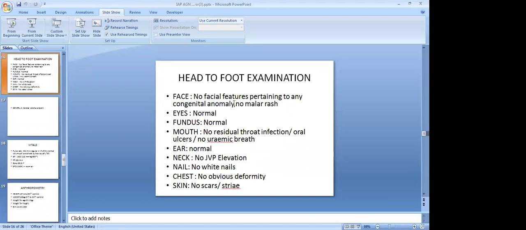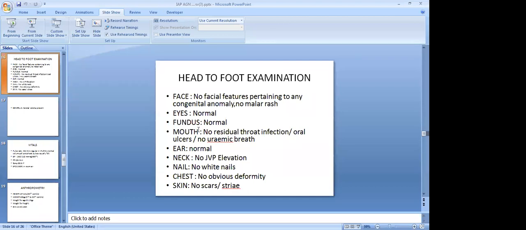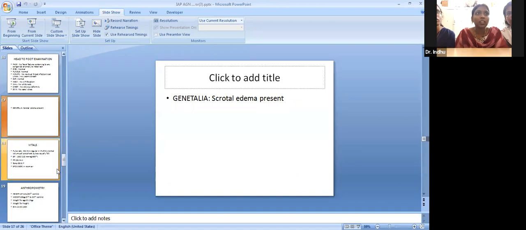Okay, you just asked as part of routine history. Okay. No residual throat infection, no oral ulcers, no uremic breath, ears normal, neck no JVP elevation, nails no white lines, chest no obvious deformities, skin no scars, striae. Genitalia: scrotal edema plus.